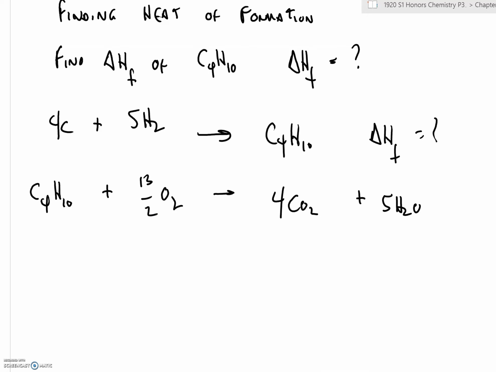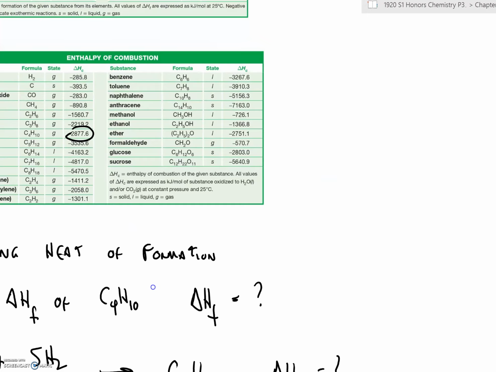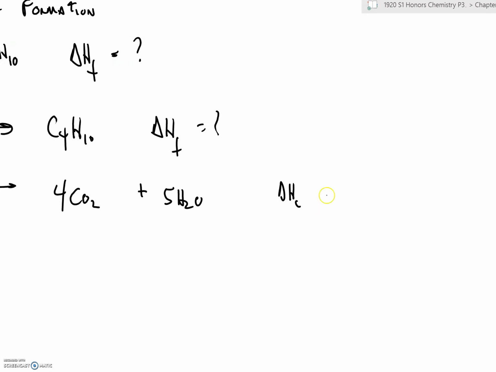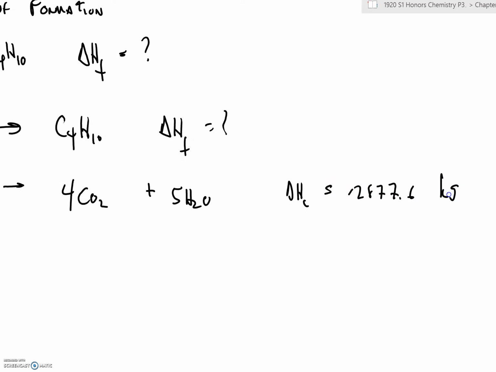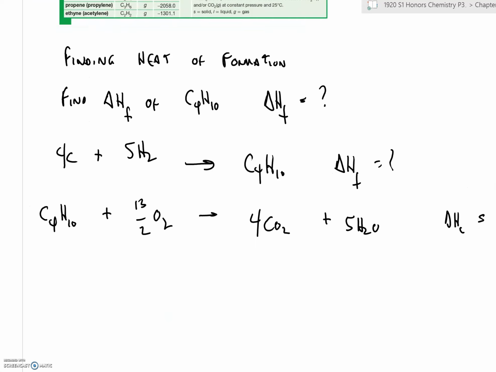So we'll look at it like this, and we'll say that the delta H of combustion we said was negative 2,877.6 kilojoules per mole. Okay? We're not really worried about the mole part. All right. So we want to get this equation, one of our step equations, to equal our target equation. So the first thing we want to do is flip this equation around to make C4H10 a product.